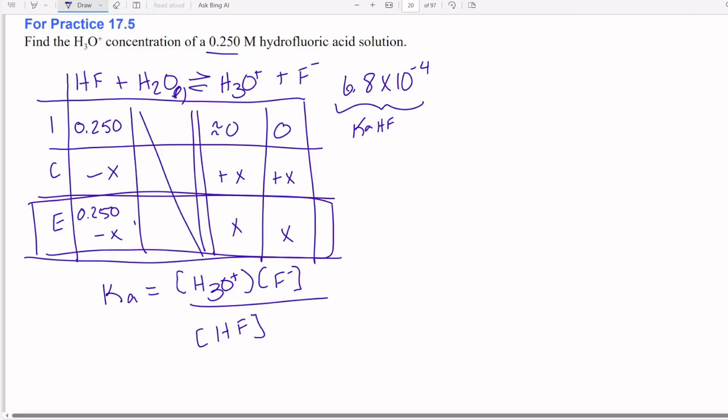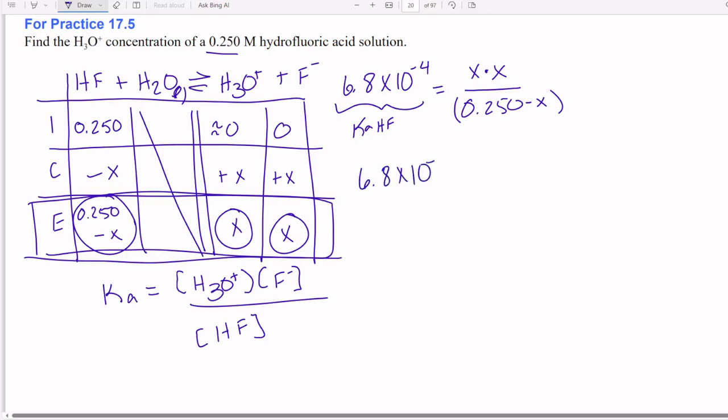So you're going to look that up in a table if it's not given to you. And then I have my H3O plus, which was X, and my F minus, which was X. Okay, so that's from this X and this X, divided by 0.250 minus X, and that came from right here. So you take the values from your equilibrium row and plug them in. So that gives me 6.8 times 10 to minus 4 equals X squared over 0.250 minus X.